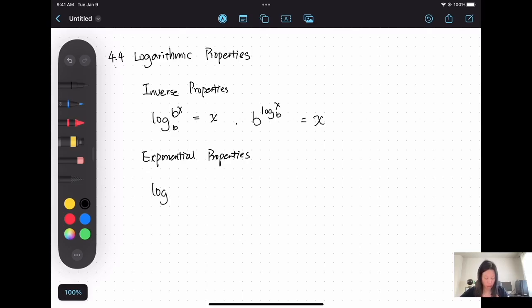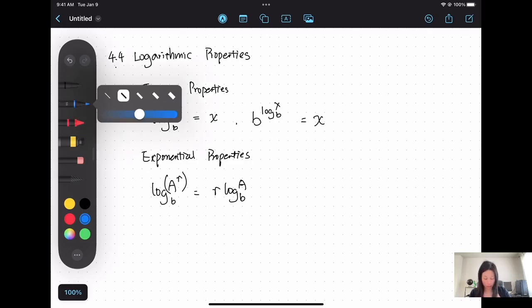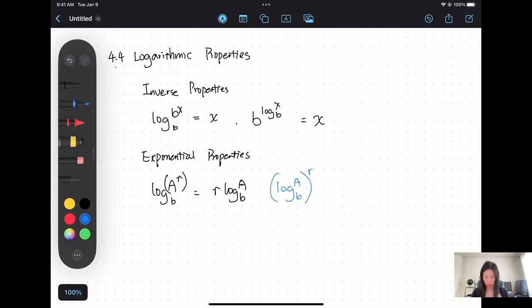whereas log base b of a to the r power equals r times log base b of a. You can pull out the exponent as a coefficient of the whole log base b of a. So remember that this is different than log base b of a, to the r power.